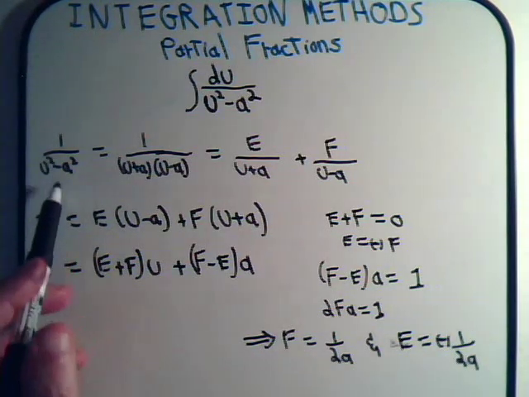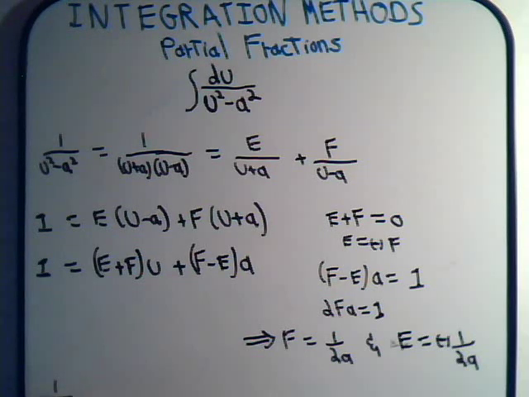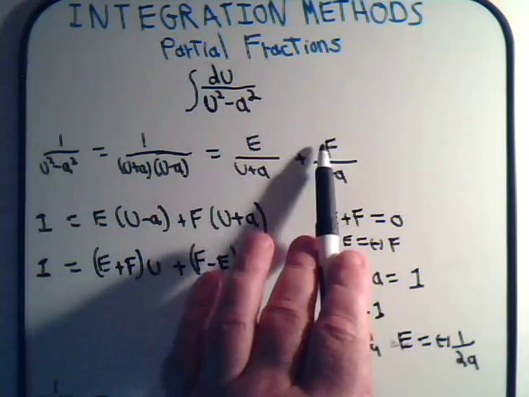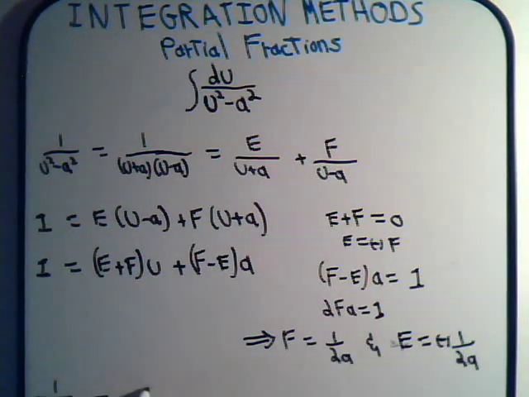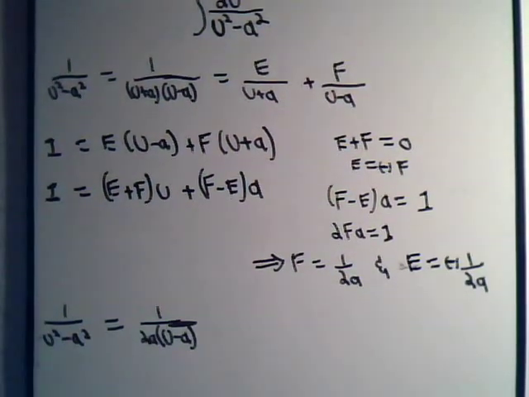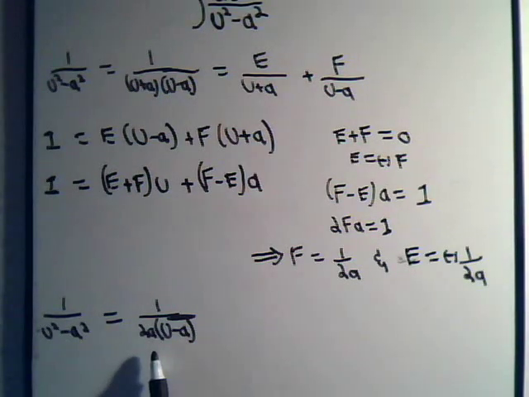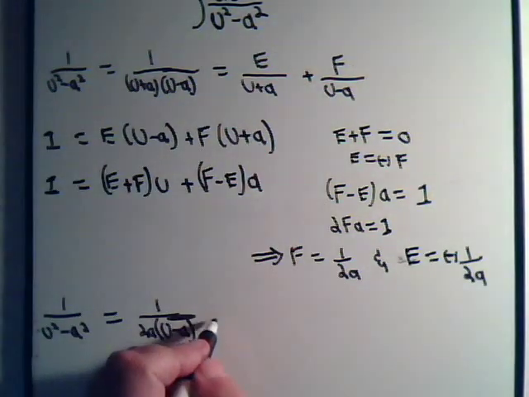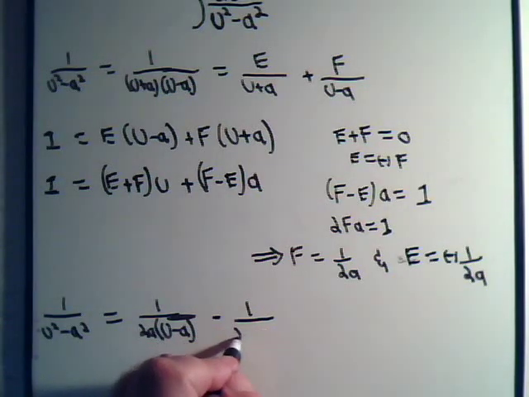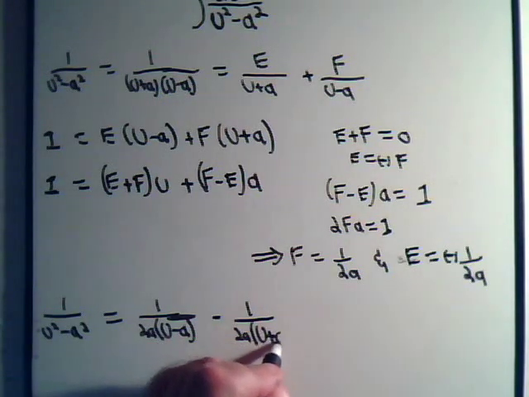So we have this 1 over u squared minus a squared, and f is 1 over 2a, e is minus 1 over 2a, so taking the positive term first, we have 1 over 2a, this is the f term here, and then e is minus, so minus 1 over 2a times u plus a.